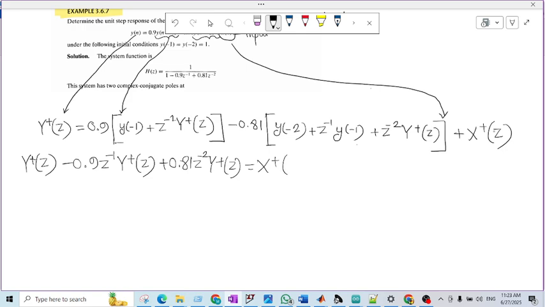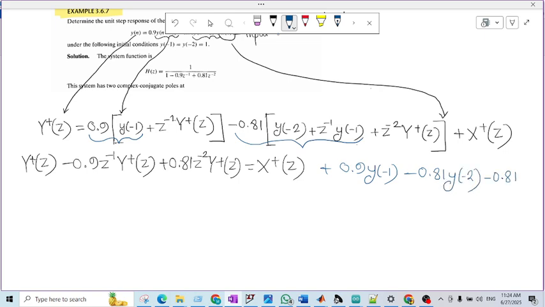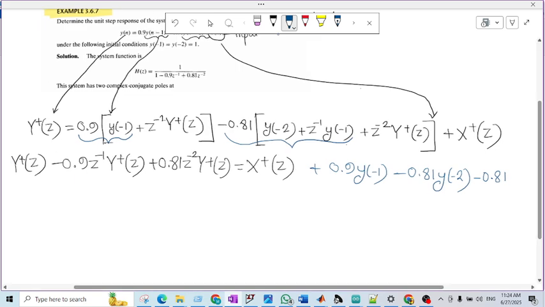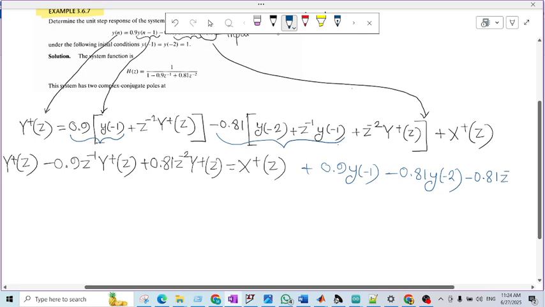Okay, now let's write the input here, X plus (z). Let's write the input first, and then let's write all the contribution of initial conditions, such as 0.9 into y[-1], and then these are the contributions of initial conditions. So minus 0.81 y[-2], then minus 0.81 z inverse 1 y[-1].